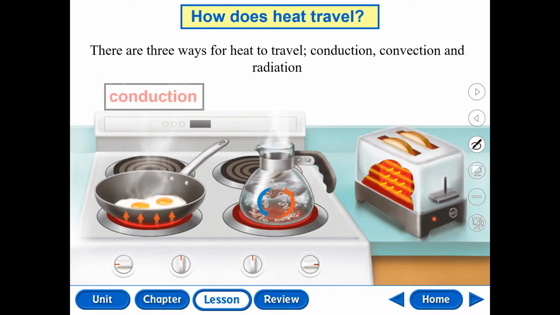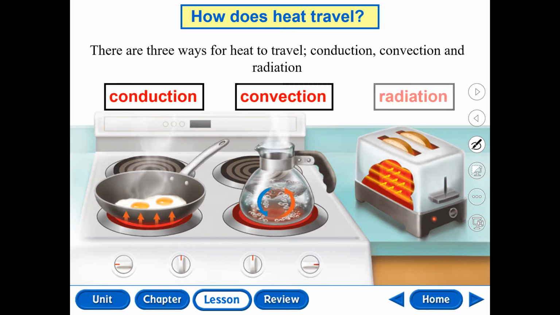How does heat travel? There are three ways for heat to travel: conduction, convection, and radiation. When you look at this picture, we have daily life examples in the kitchen. For example, when you put a plate on the oven, the oven and plate are in contact with each other.